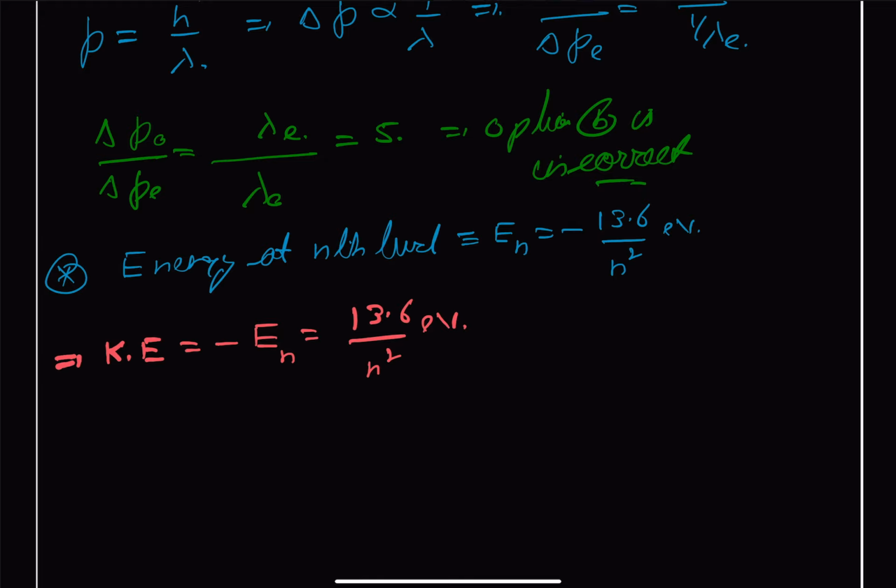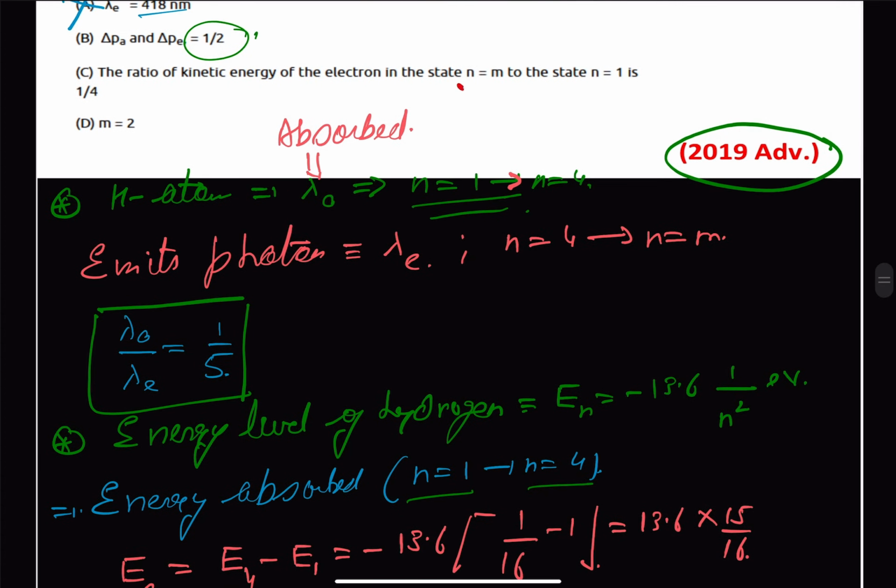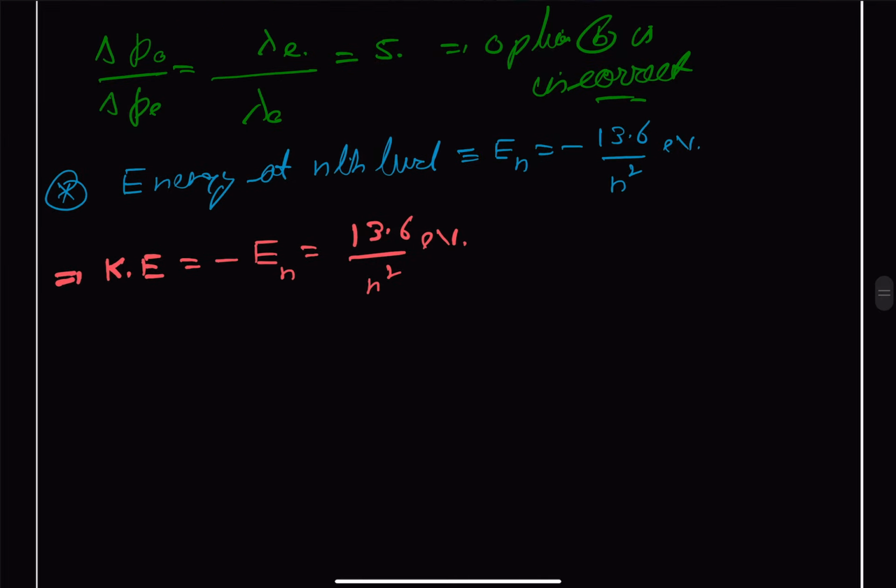And it states that the level it moves from is n equal to m to n equal to 1. So therefore from here we can write kinetic energy when value of n is equal to 1 will be equal to 13.6 electron volt, and kinetic energy when the level is m will be equal to 13.6 upon m square electron volt.